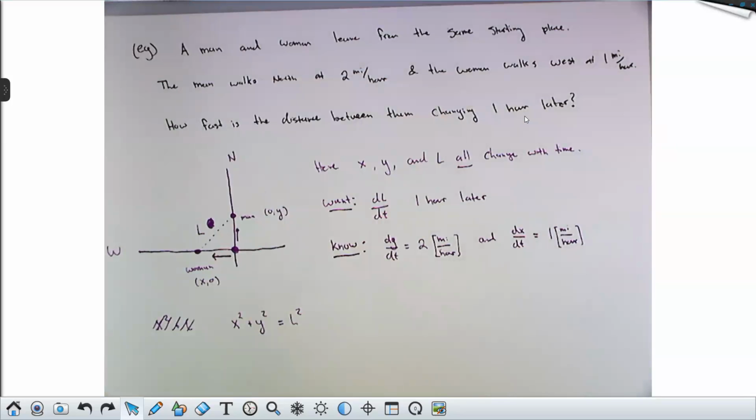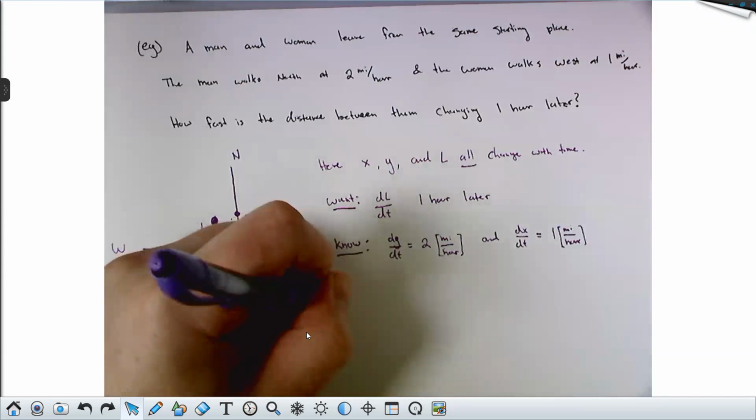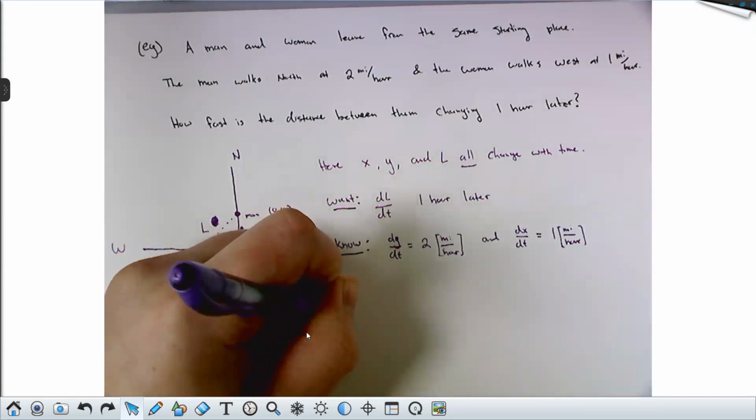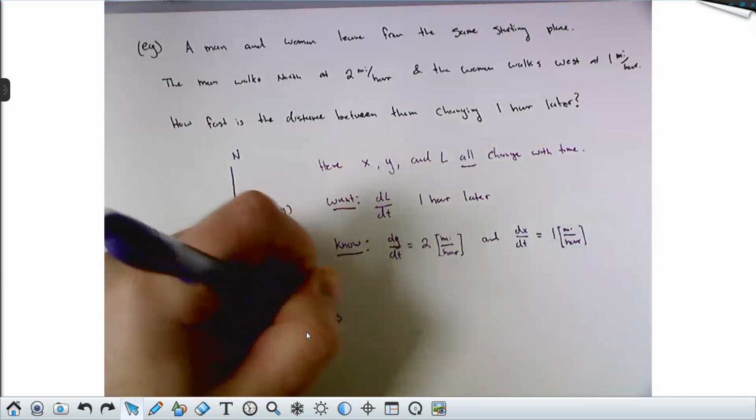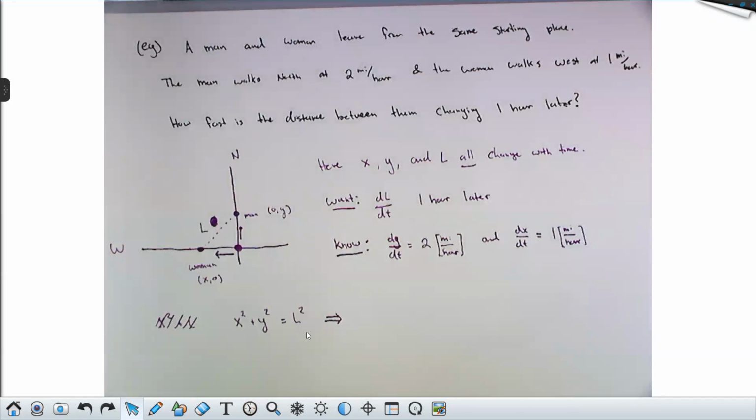Okay, now we have everything that we need. Now we can differentiate through this implicitly with respect to time. What you'll see here is that we're going to end up needing some more information, but it will be information that we can find.